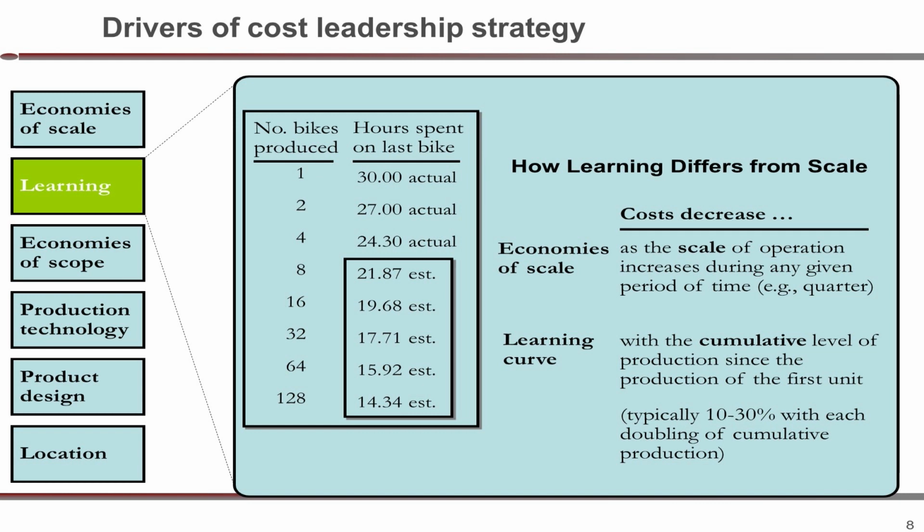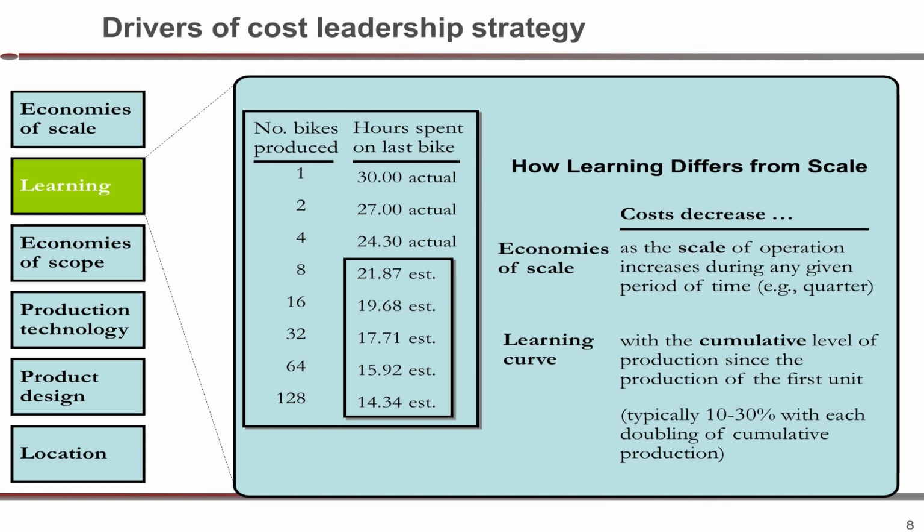So in this example, we're talking about bikes being put together by a bike shop. So the first bike takes 30 hours. The second bike takes 27 hours. Once you get to 4 bikes, it's only taking you 24.3 hours. The math whizzes will notice that this is a 10% improvement in the amount of time to build the bike.